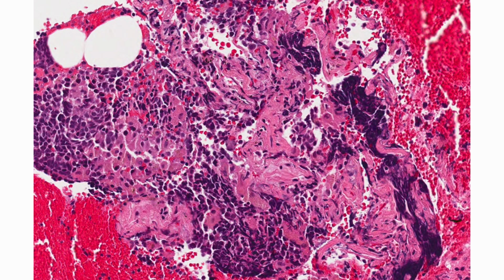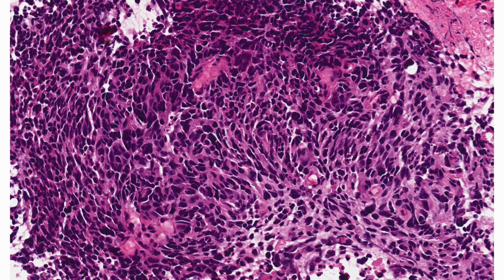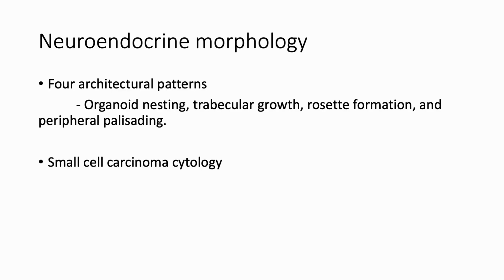The hallmark of small cell carcinoma lies in its cytologic characteristics: an extremely high nuclear to cytoplasmic ratio, nuclear molding, very fine chromatin, absent or inconspicuous nucleoli, and a very high mitotic and apoptotic rate. To summarize, neuroendocrine morphology refers to four characteristic architectural patterns: organoid nesting, trabecular growth, rosette formation, and peripheral palisading, as well as the distinctive cytologic features of small cell carcinoma.